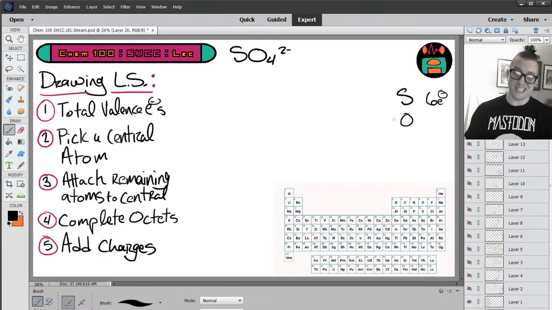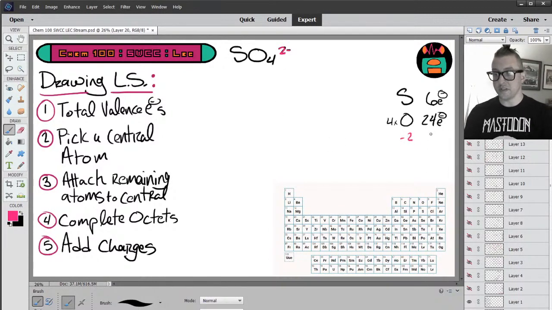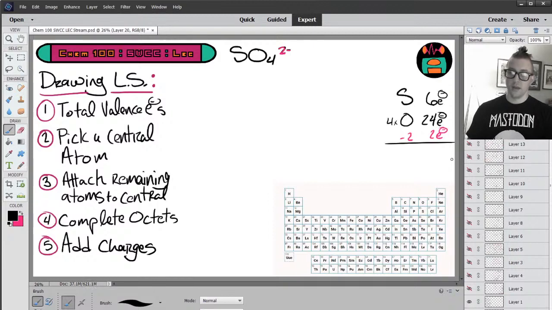Oxygen has 6, but we have 4 of them in this molecule, so that's 24. And we've got a charge of -2, which means we have 2 extra electrons in the mix, giving us a total of 32 electrons.